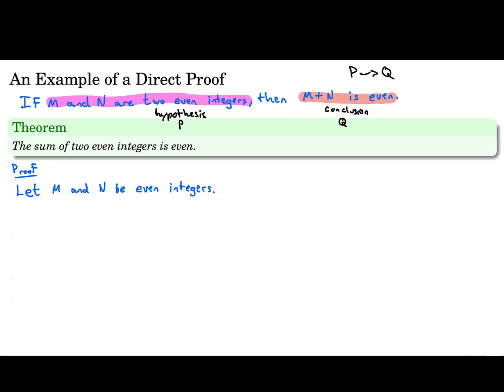Now, there are many ways to do proofs. One way is to start from the beginning and the end at the same time and try to meet in the middle. I know how the proof will start: it starts by assuming the hypothesis. And I know that it will end with something like, therefore, the sum M plus N is even.